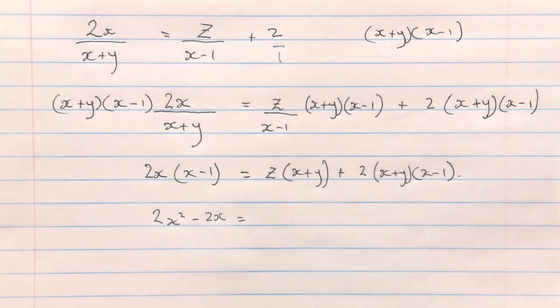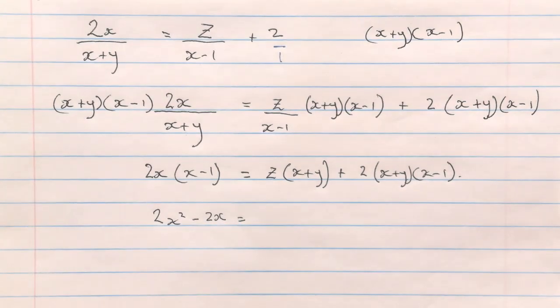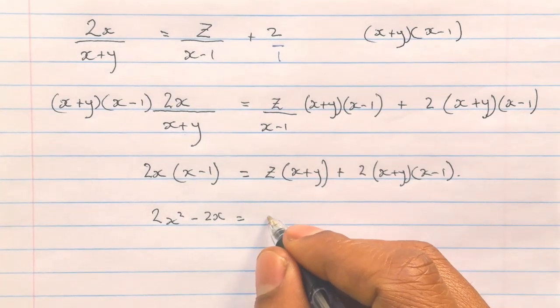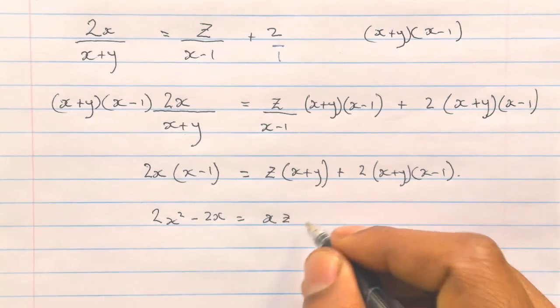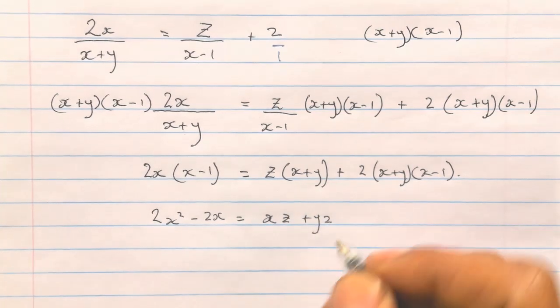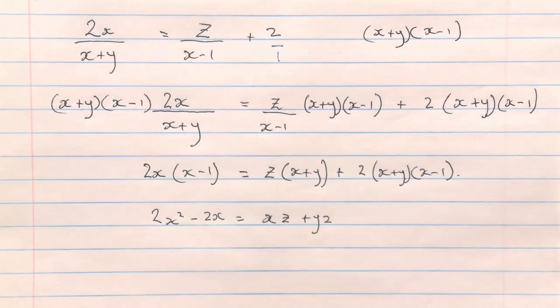Then I will have a zx or xz plus a yz. Then what will I have?